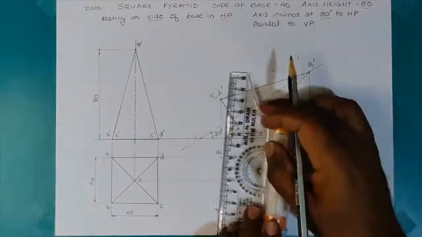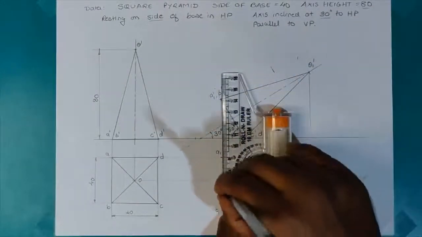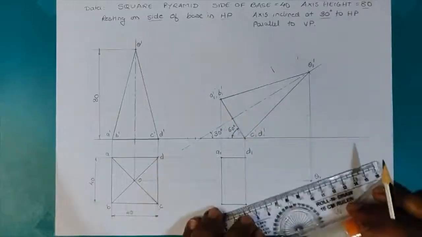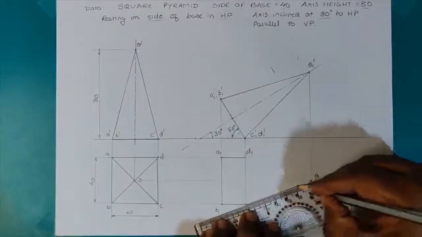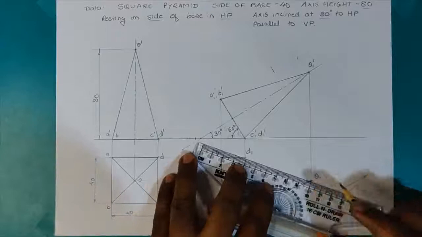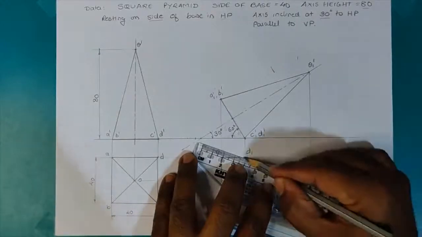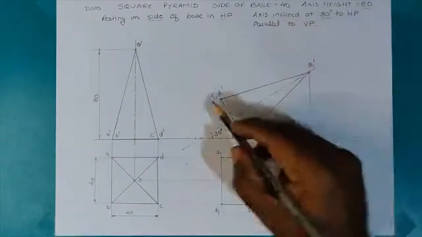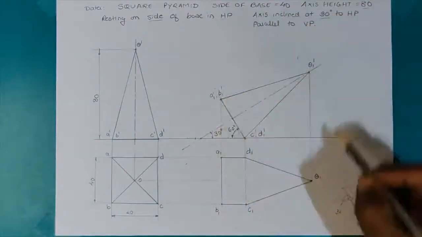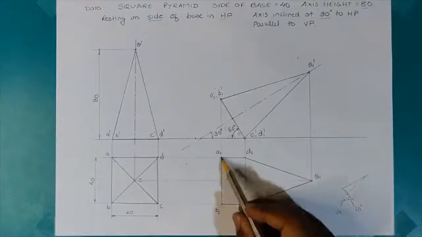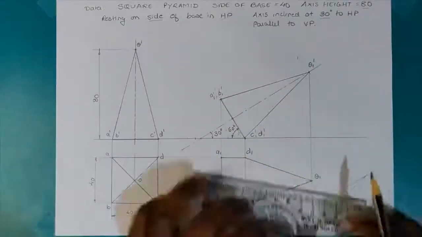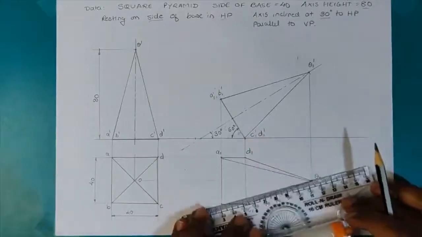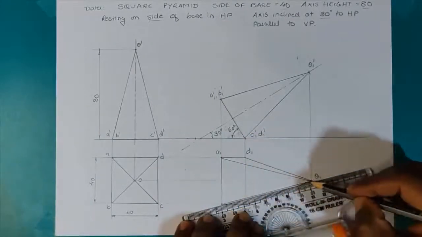For a solid, I directly join the outline. Remember, you can directly join all the outermost points for a solid. So the outline is always dark, and remember, you have to observe the solid from the top. So the topmost points, that is A1, B1 and O1 would be dark.